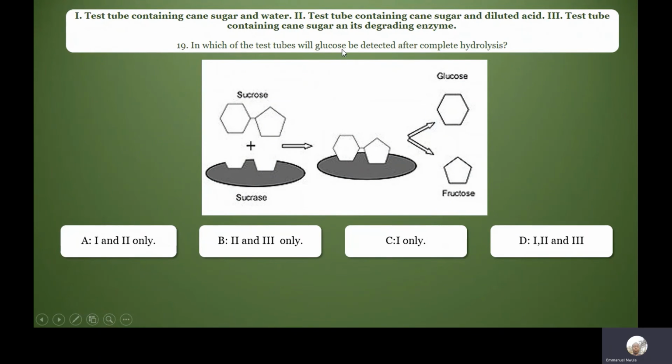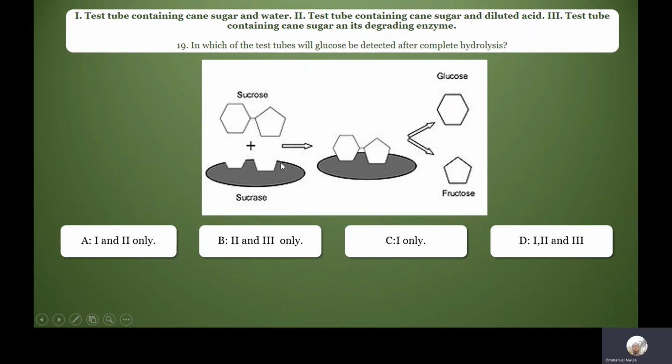In which of the test tubes will glucose be detected after complete hydrolysis? Test tube 1 contains cane sugar, that's sucrose, and water. Test tube 2 contains cane sugar and diluted acid. Test tube 3 contains cane sugar and degrading enzyme.